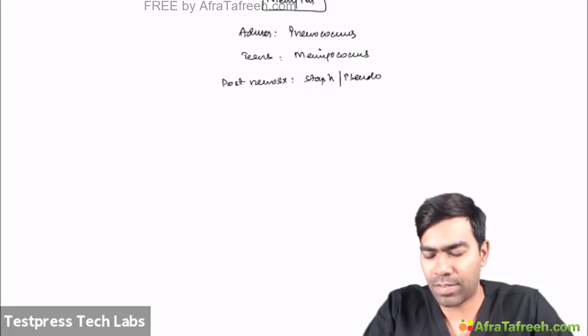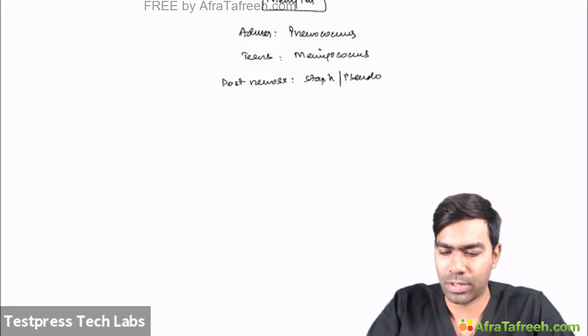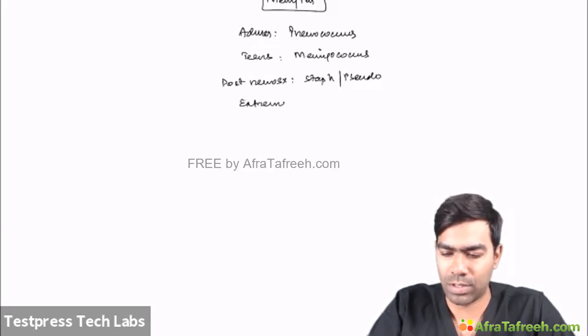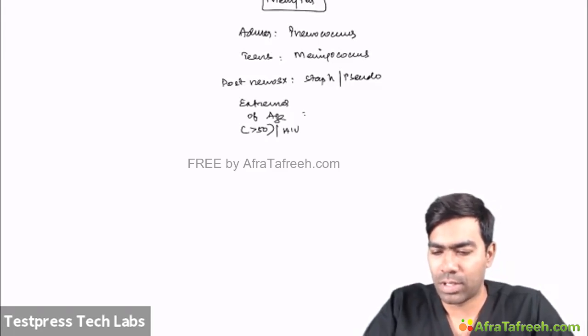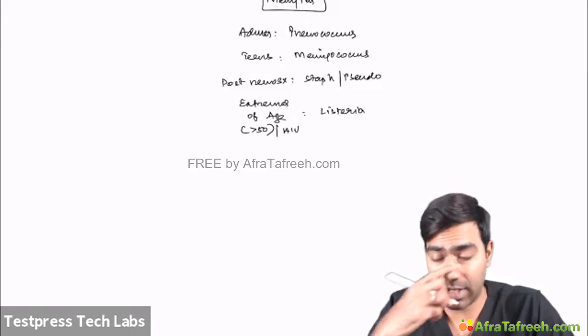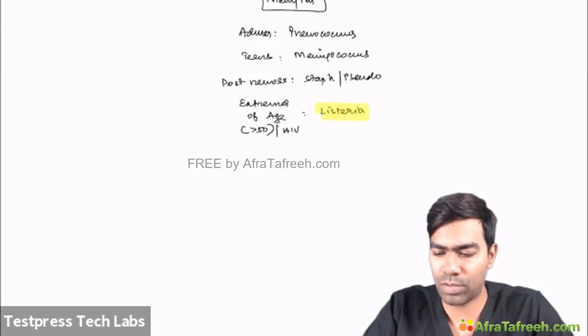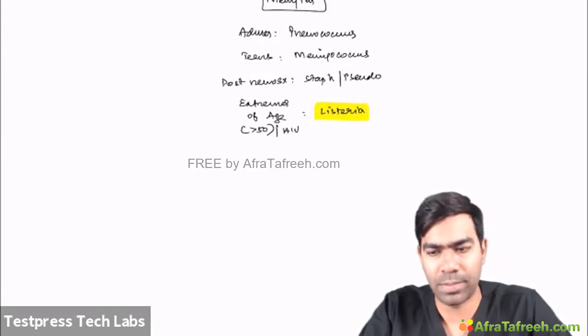Or if the patient is at extremes of age, especially elderly, more than 50, or immunosuppressed, like HIV, in this setting you can think about Listeria, listerial meningitis. Remember, Listeria is the most common cause of rhombencephalitis in the world.